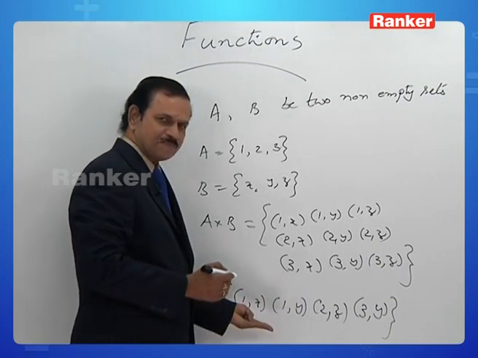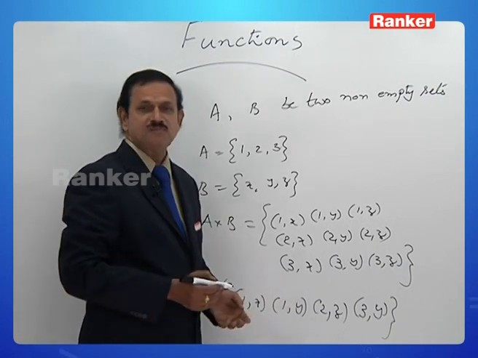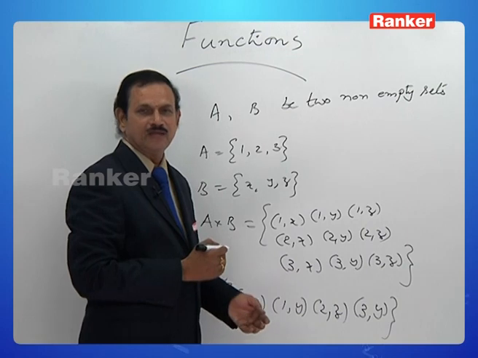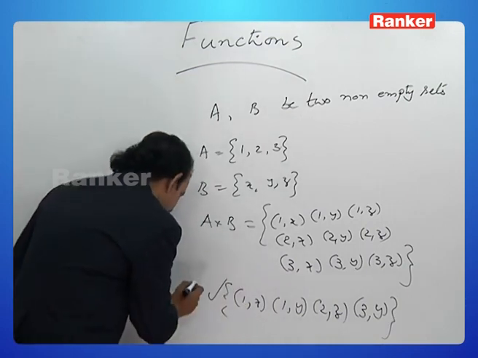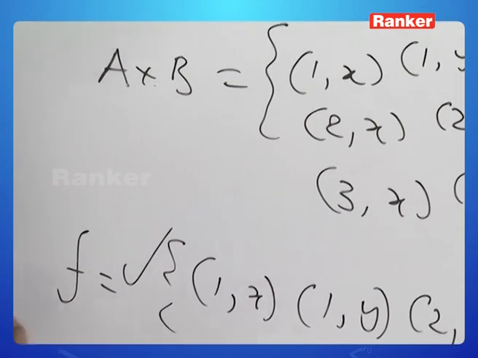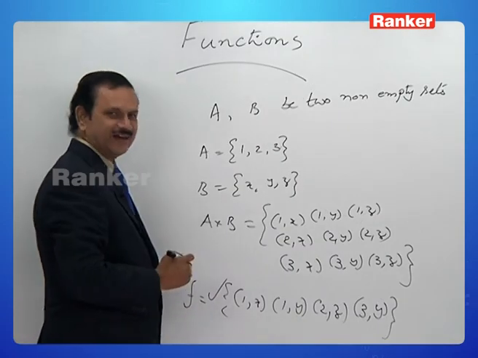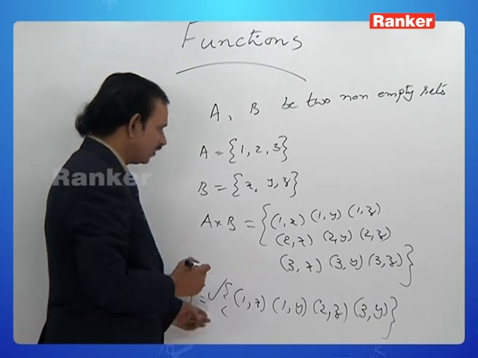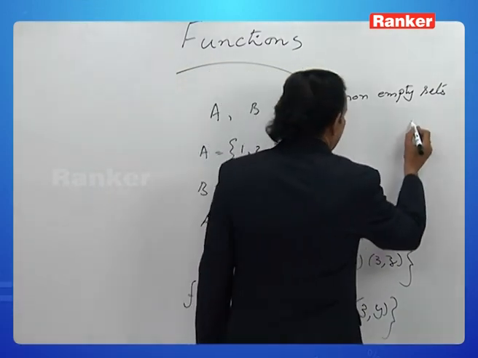Any such subset of A cross B is termed as a relation from A to B. And we generally use the letters small f, small g, small h like that to represent relations. So, what is the relation from A to B?